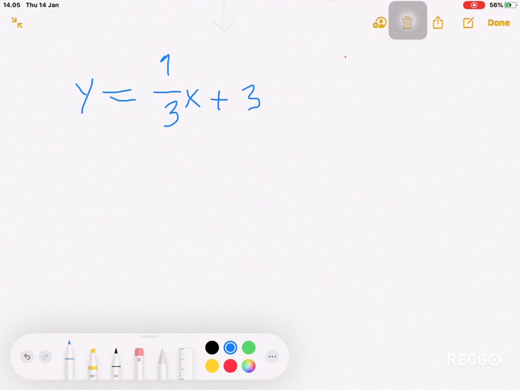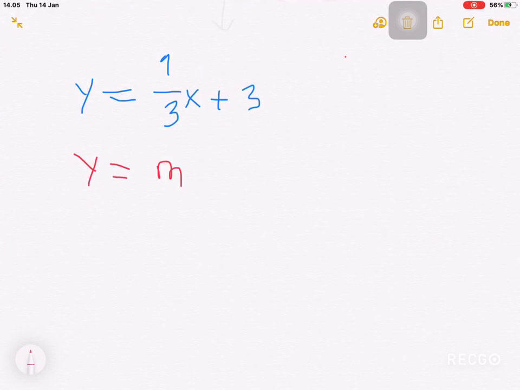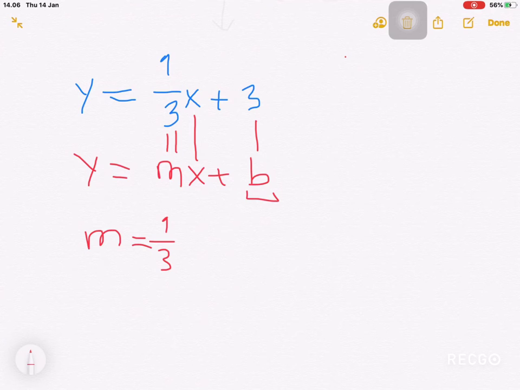Recognizing our point slope formula, y equals mx plus b, and by substituting coefficients, this m must be equal to 1 over 3. So the gradient is 1 over 3, and the y-intercept, which is the b, must be equal to 3. So it's pretty simple.